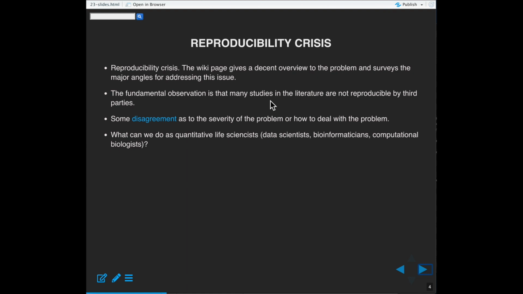So even if the people were to give you the data and you say, okay, well, I trust that it's been generated properly, I trust that they've handled it well, I trust that there's been no dishonesty, for example, it's still difficult for the reviewer to find the time in a couple of weeks to redo all the analytic analysis, especially if they don't have the code and computational infrastructure, or if proprietary software is used. How do they need to pay for the license themselves of that software that the original authors used? There's many issues that get in the way of reproducibility, and there's disagreement as to how to deal with the problem.